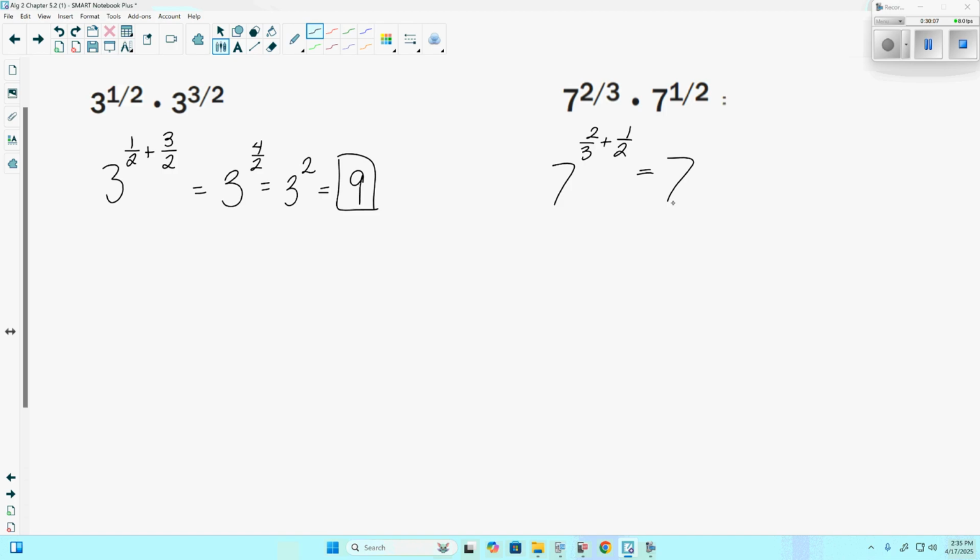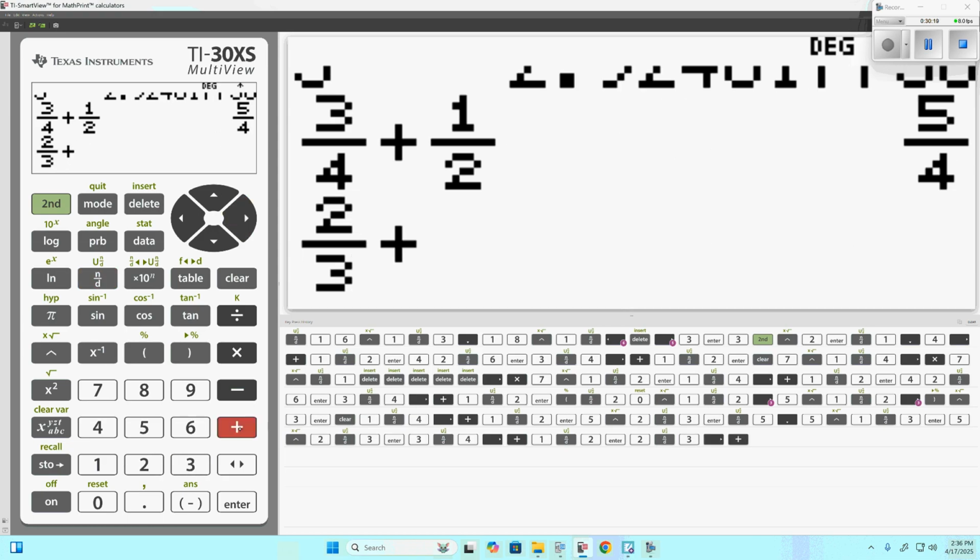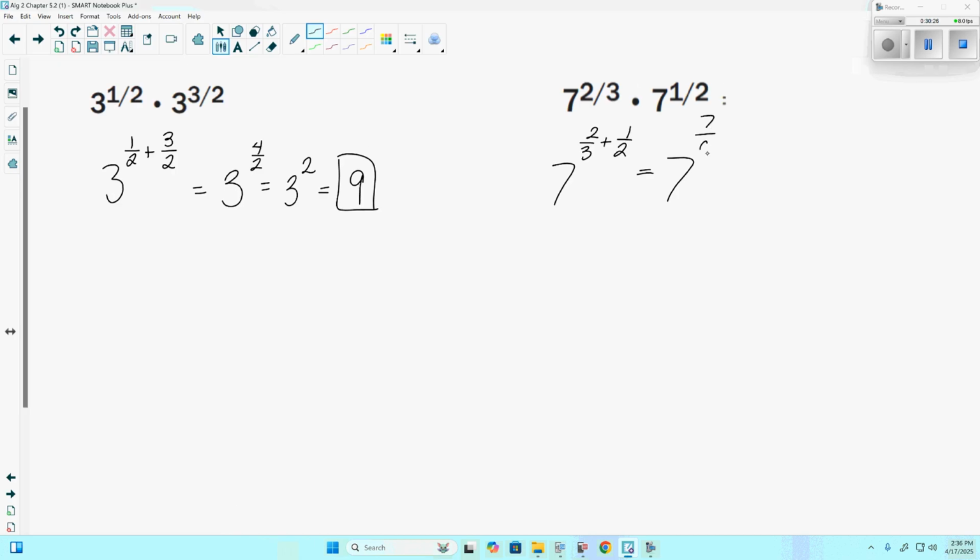One is our properties of fraction addition: we have to get the denominators to be the same and add them. Or we can say 2/3 plus 1/2 is 7/6. So we have 7 to the 7/6.